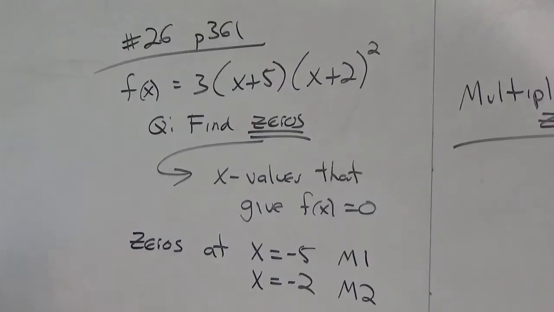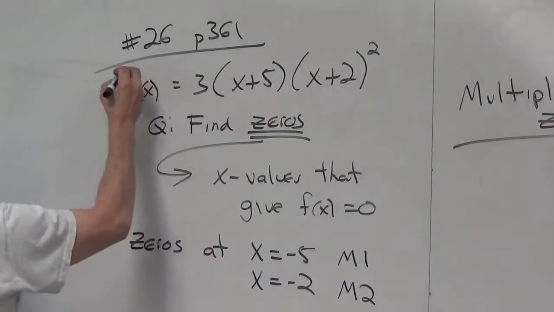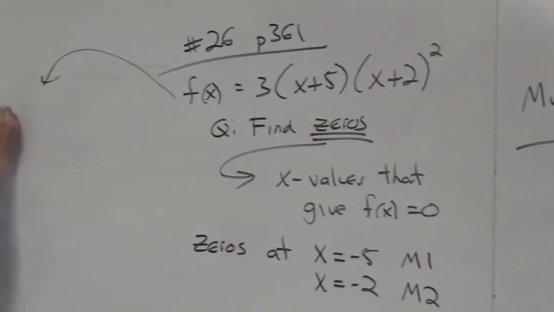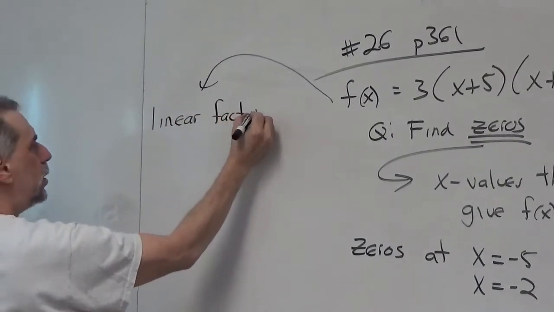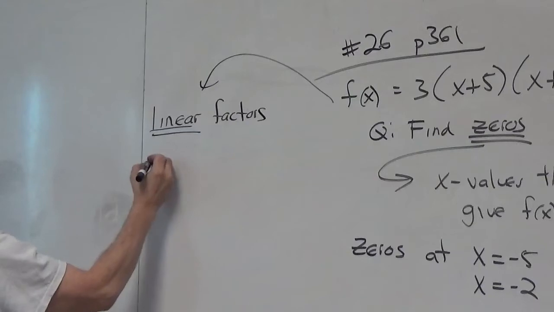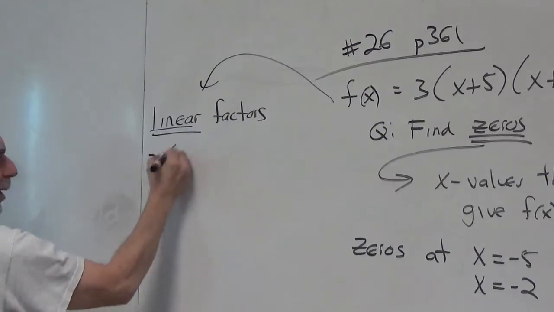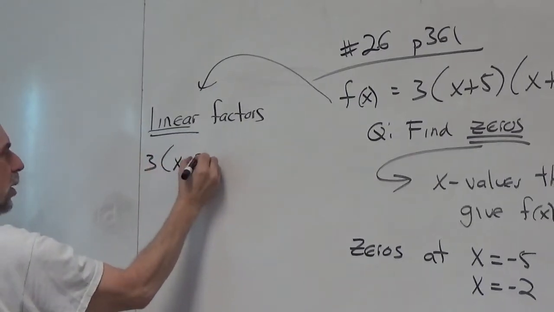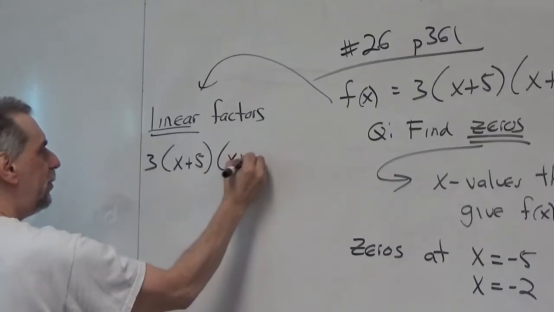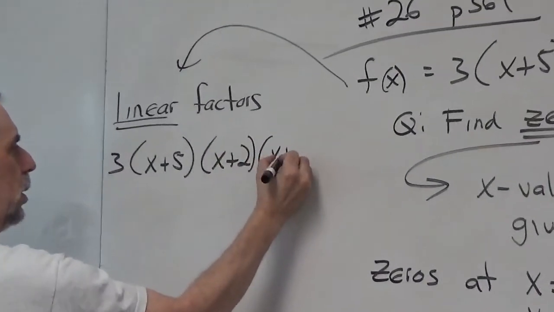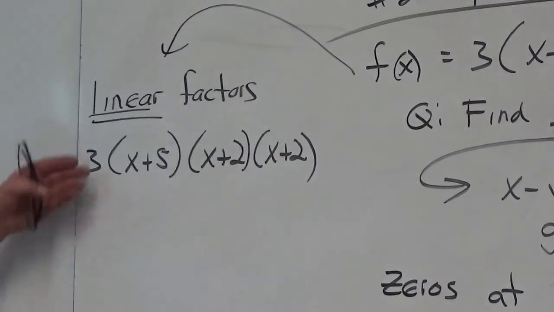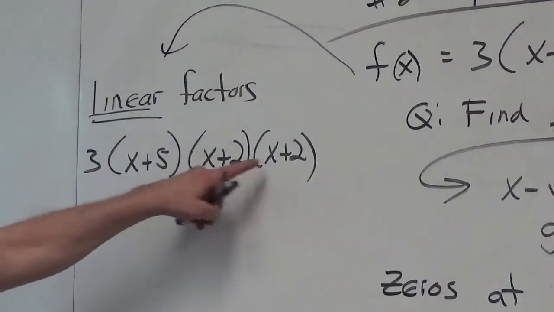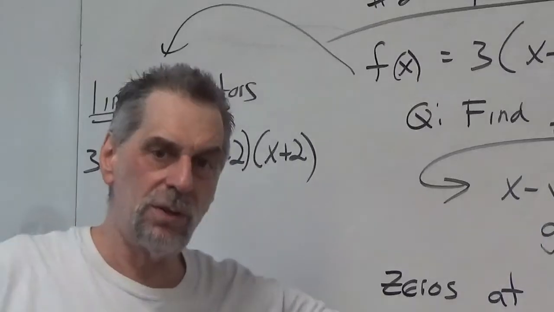Okay? So these are the factors. I want you to keep these three things distinct. The linear factors: we don't really care about the 3 because there's no x involved. There's an x plus 5, and there's 2 x plus 2's. Those are the linear factors. So if you're asked for the factors, you don't have to list these twice, but you want to notice that it has a multiplicity of 2.